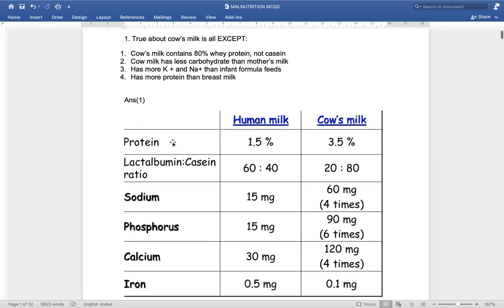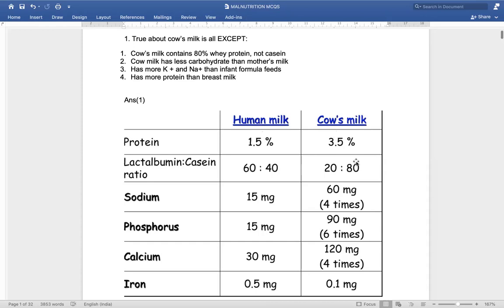So definitely we all know the protein content in cow's milk is more, almost 3 times, 1.5 grams and 3 grams. So lactalbumin and casein. This lactalbumin is the whey protein, and whey protein is the lactalbumin in human milk, and this whey protein is 60% in human milk, whereas in cow's milk it is only 20%.